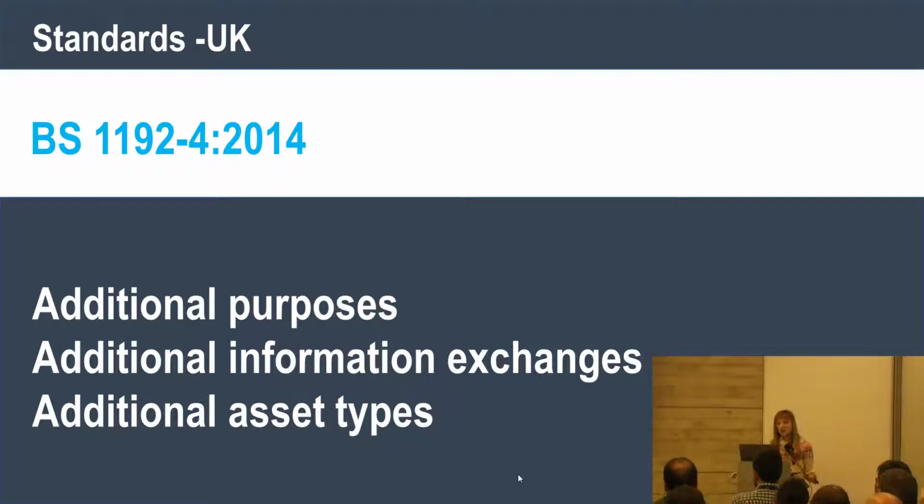There are pockets in industry which are looking at these additions, but generally speaking, in the real world, the majority of industry is still trying to get the basics of maintenance and operational information correct before we even start thinking about these extras.